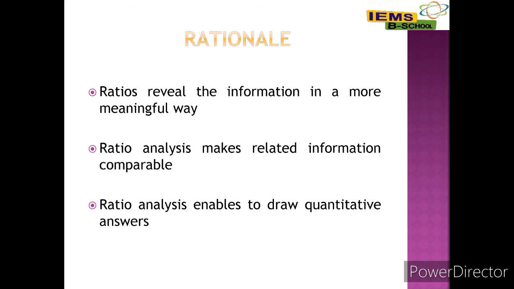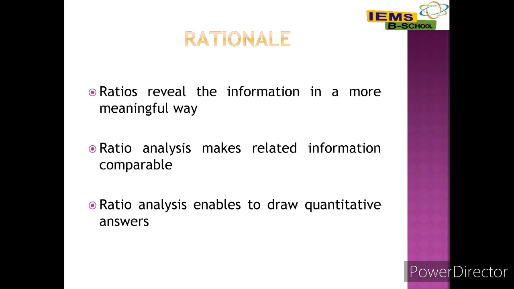Or net profit is 30% of capital employed, means when capital employed is rupees 100, the firm's profit would be rupees 30. Hence, ratio analysis enables to draw quantitative answers such as, are the net profits adequate? Is the firm solvent?